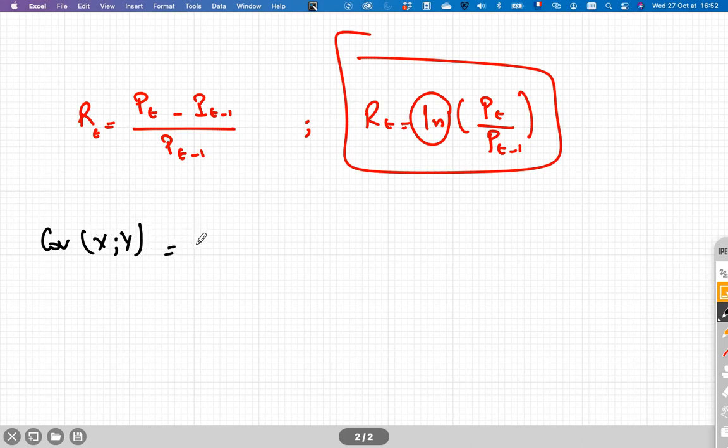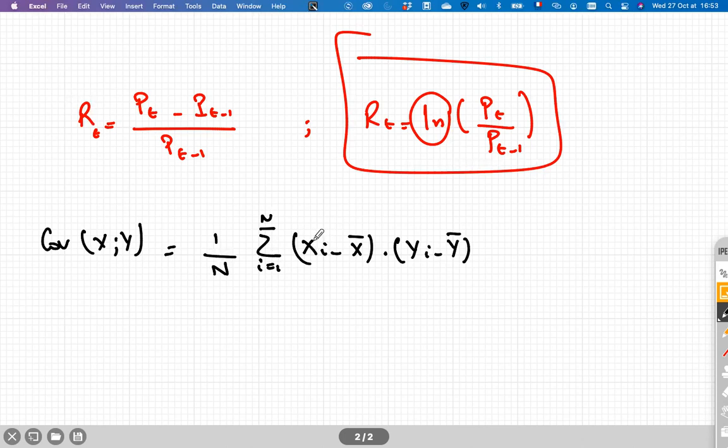It is simply equal to 1 by n, the sum of xi minus x bar, sorry, not squared, times yi minus y bar. So it's for the whole population. For a sample, you would divide by n minus 1, right?